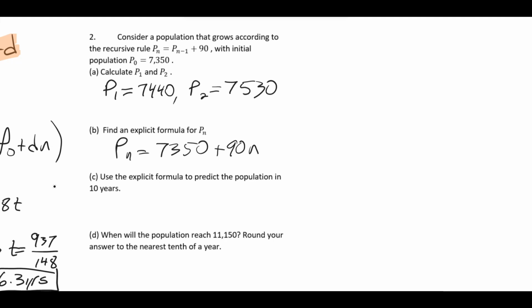The explicit formula for 10 years, we get P sub 10 equals 8,250. And the number of years, in this problem it's not t, sorry, it's n. n is approximately 42.2 years.